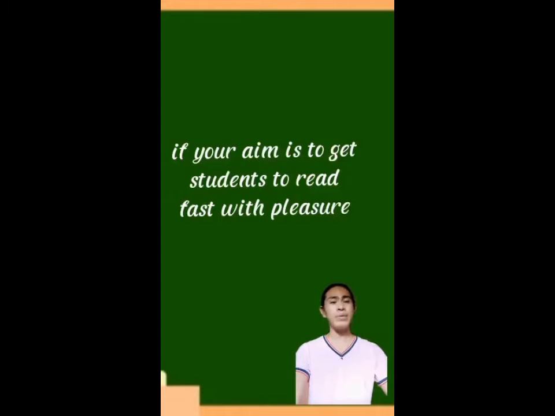And the second is, if your aim is to get students to read fast with pleasure, then give them something which is easy. So learners should read a short passage in order to have an idea or knowledge of what the context is about.